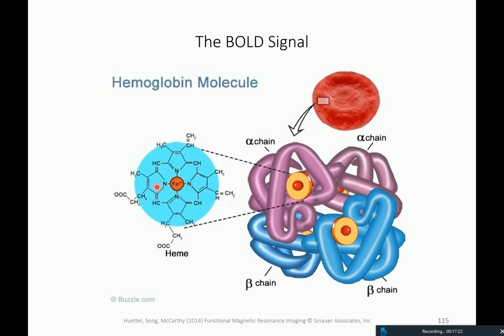And the hemoglobin molecule, in terms of its biochemistry, is fairly well understood. So if you read a biochemistry book, the chapter on hemoglobin will be especially long because, of course, a lot of research has happened on it, because it's very important for human physiology.